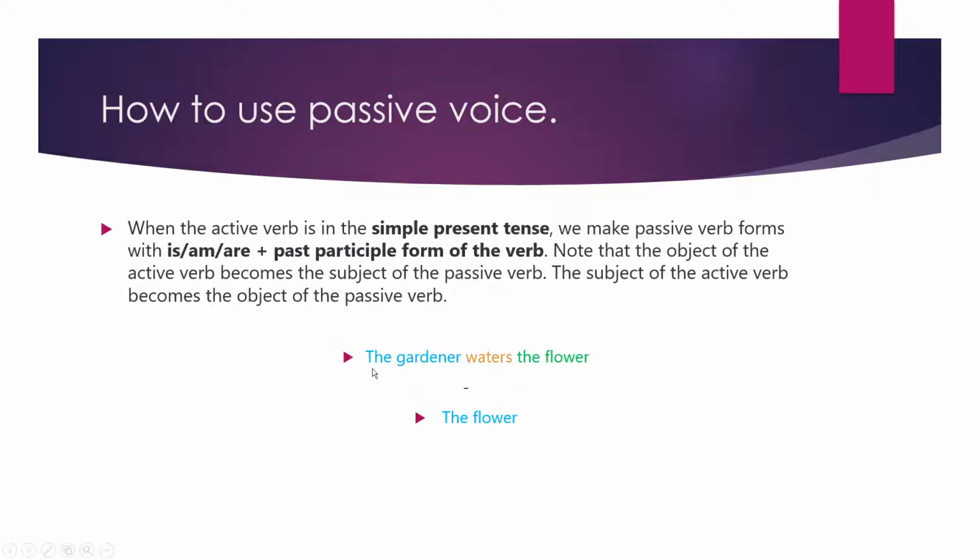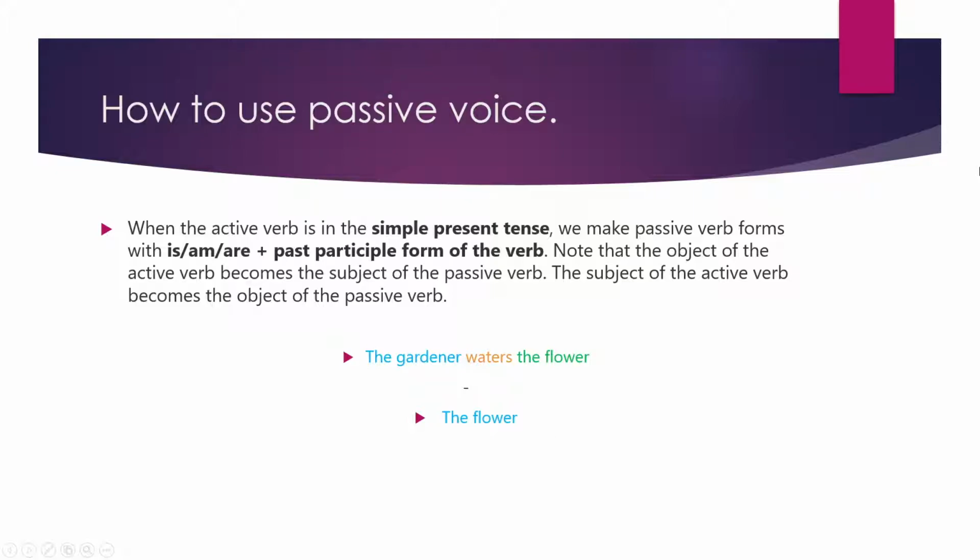So down here, I've given the example, the gardener waters the flower. So here we have our subject, which is the gardener, waters, which is the simple present tense, the flower, okay, which is the object. But when we want to use passive voice, the object of the active verb has now become the subject of the passive.